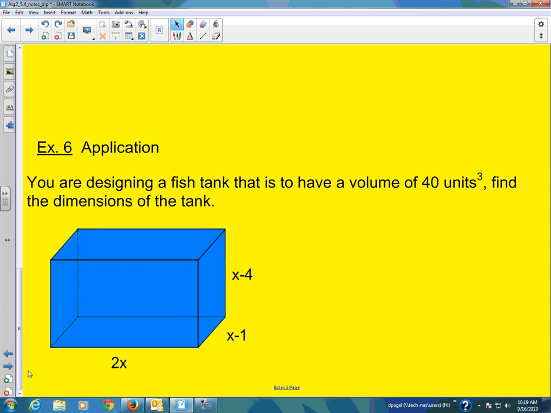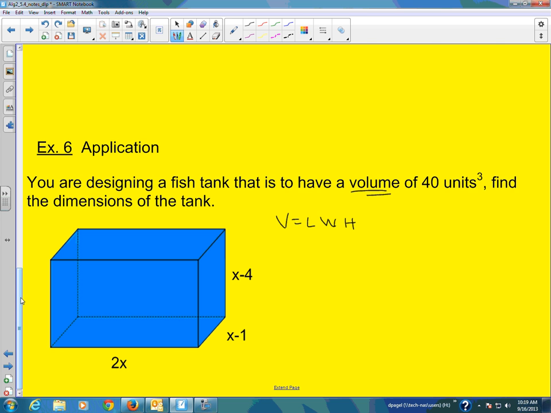Okay, so this is a rectangular prism, and the volume of a rectangular prism is equal to the length times the width times the height. So maybe when we're talking about volume, generically, we start there. Length times width times height. Now this is all supposed to be equal to 40 units cubed.